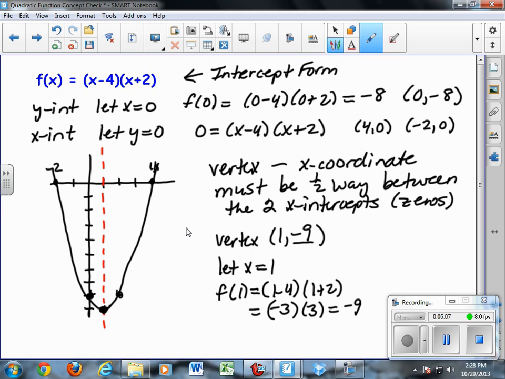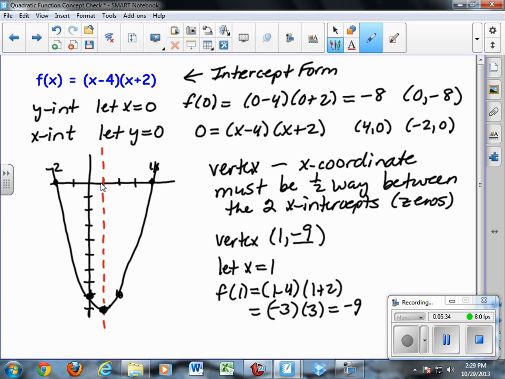Just to summarize, if I have a quadratic function in intercept form, I'm going to find the x and y-intercepts by substituting in 0 for x and 0 for y. I'm going to plot those and look at the graph, because that really helps. Halfway in between the two x-intercepts is going to be the line that contains the vertex, so I will know the x-coordinate of the vertex.